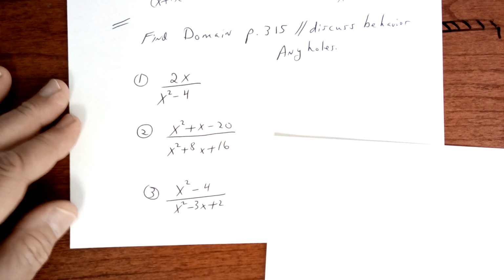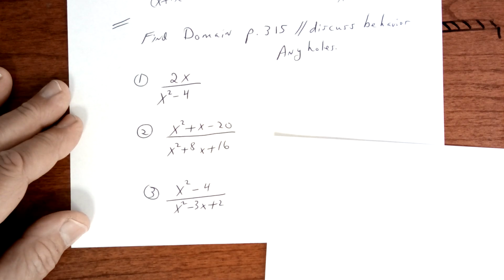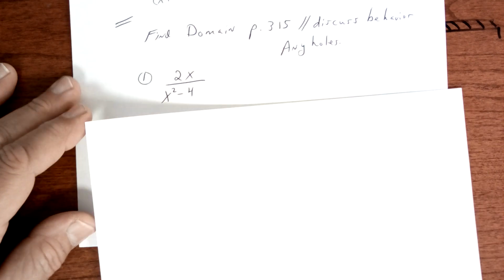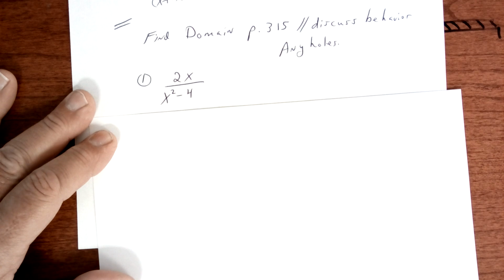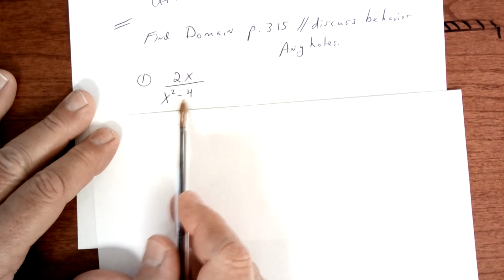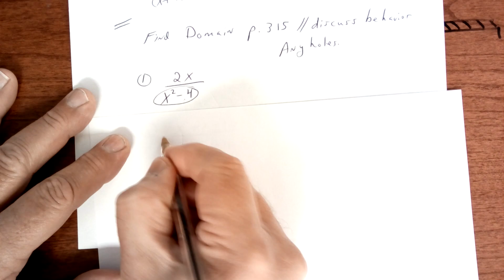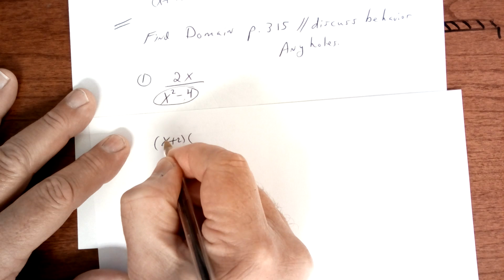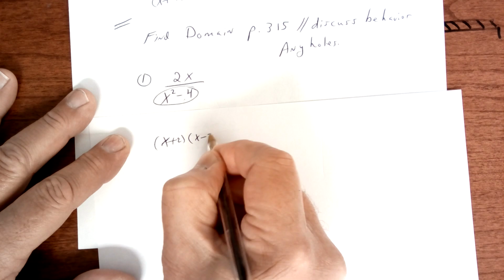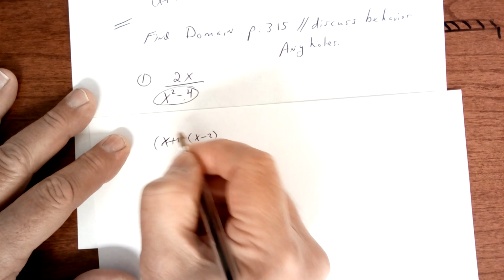So here we go. This one right here says find the domain and discuss any holes. Well, if you find the domain of this, what you would do is take your denominator and factor it, x plus 2, x minus 2, and then set each one equal to 0. So that would give you a negative 2.